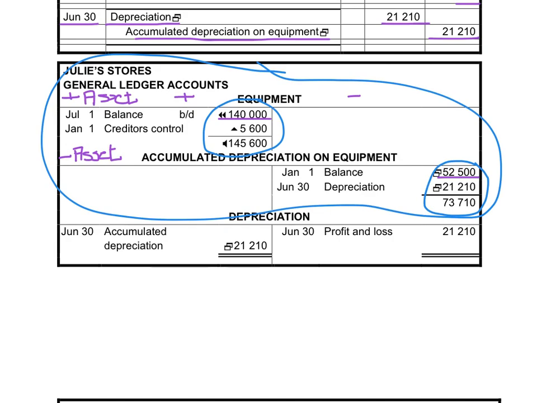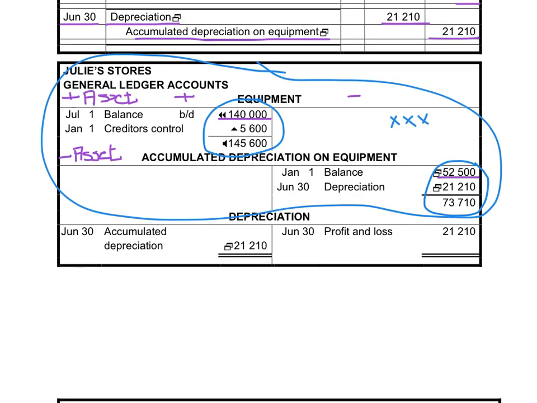Normally, you will depreciate assets on the credit side here, but because the GAAP requirement is that you have to show what is the cost price of the asset and the total accumulated depreciation, it will be very difficult after a couple of years if all these entries appear in the same account.